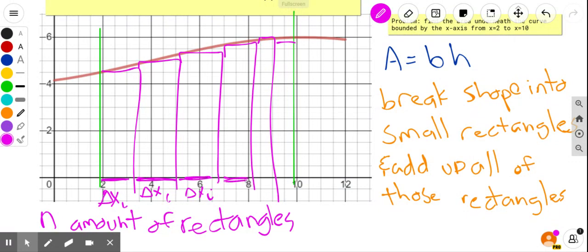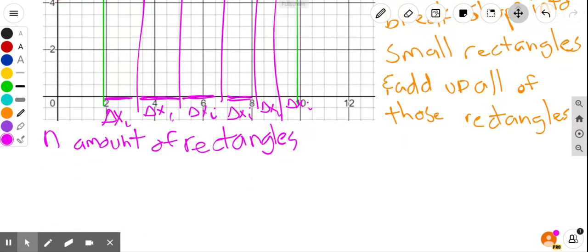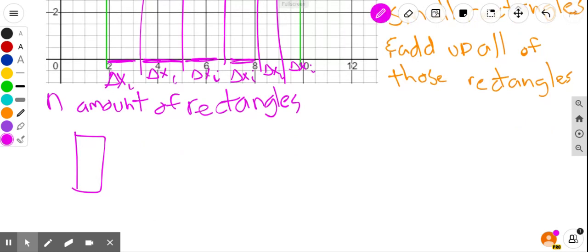Because if you remember, I think I said this once, so if you don't, that's fine. Delta x is just, the delta part just talks about change. So I can say that I have a rectangle. It'll have delta x as its base length.